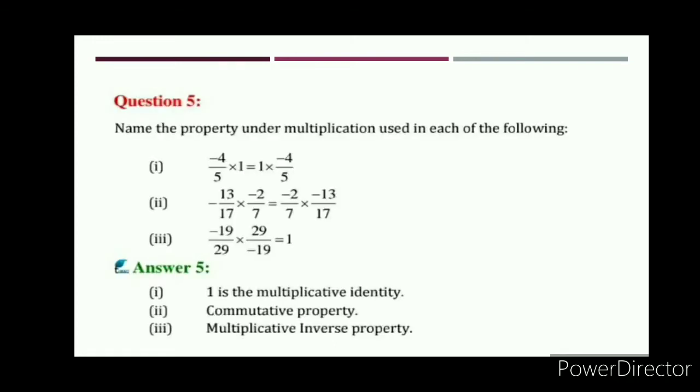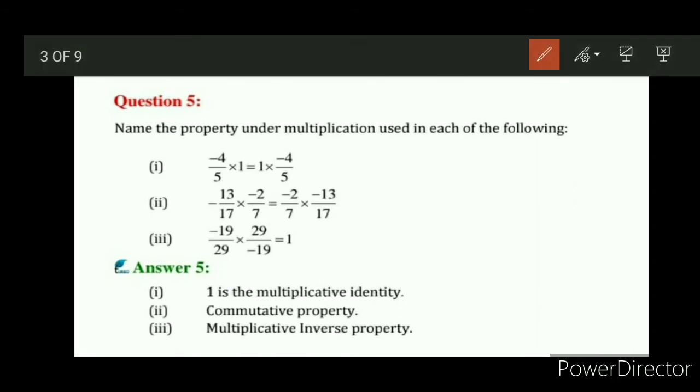See, children, question number 5. Name the property under multiplication used in each of the following. First question, minus 4 by 5 into 1 is equal to 1 into minus 4 by 5. What will be the answer? The answer is the same number itself, right?